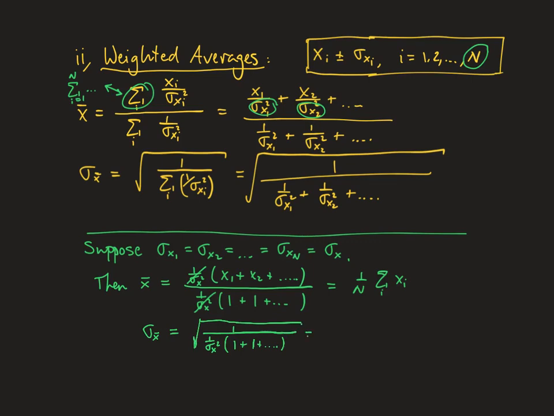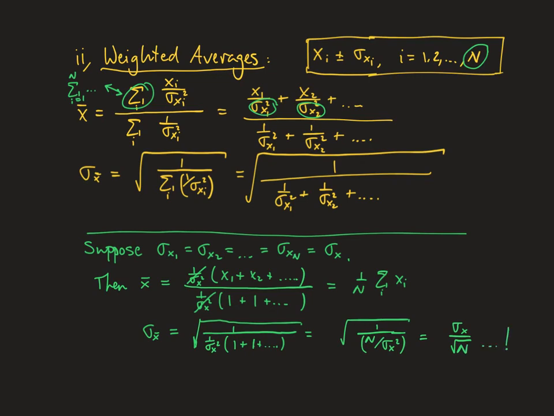And what do we get? Well, 1 plus 1 plus 1, etc. is n, divided by sigma x squared. It's downstairs in the denominator, so we've got to flip it over and take the square root. We get sigma x over root n.